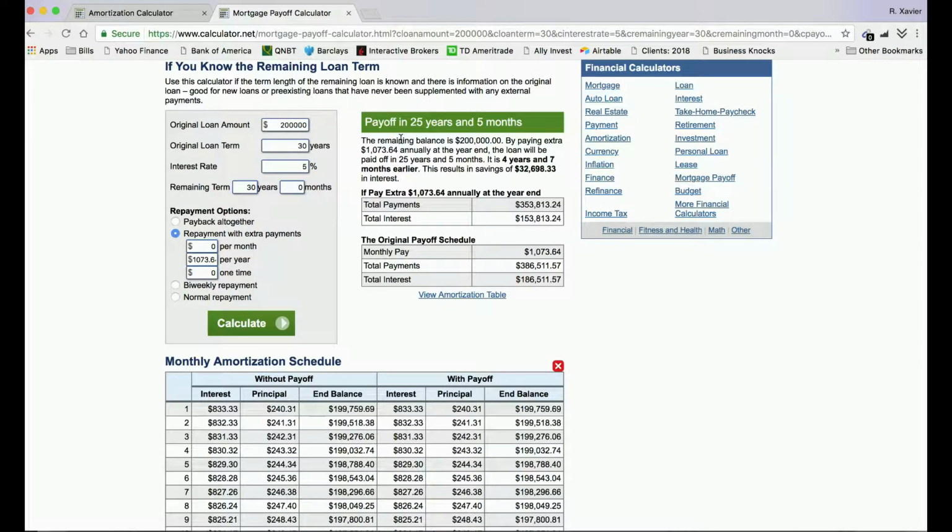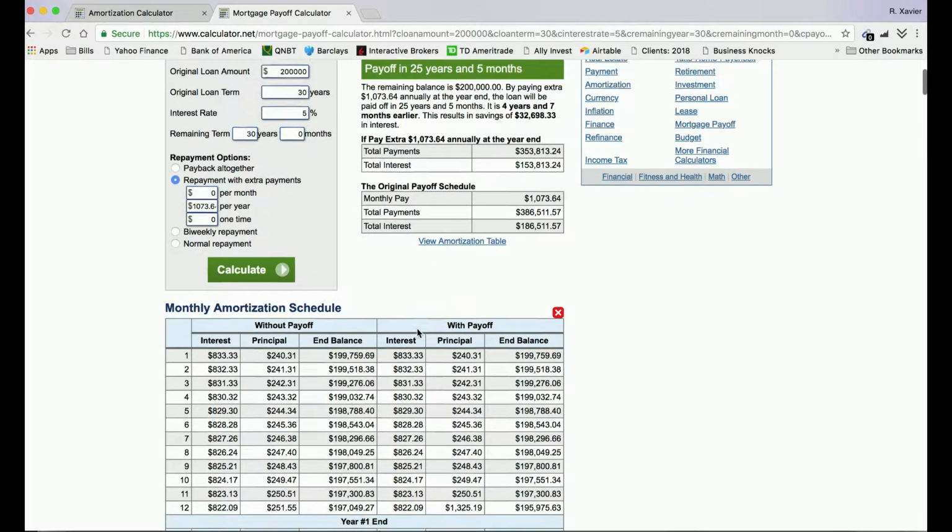Looking at this scenario, you do the $1,073.64, and you pay an extra amount of that. You knock off several years here, and again, that's with these numbers, and you can see what that would do.